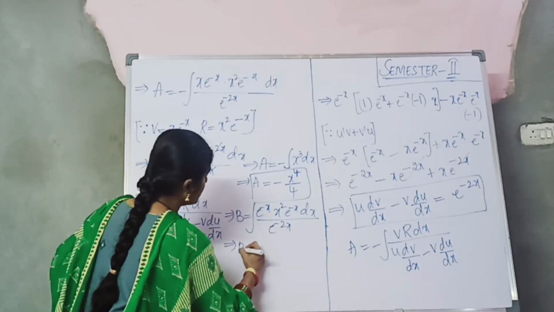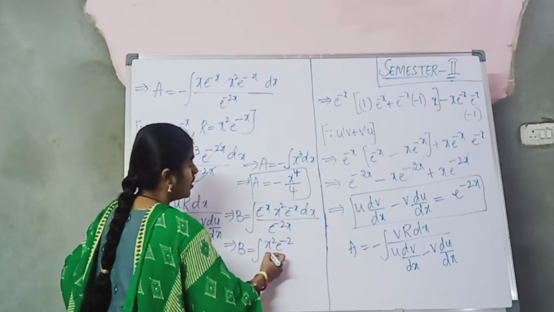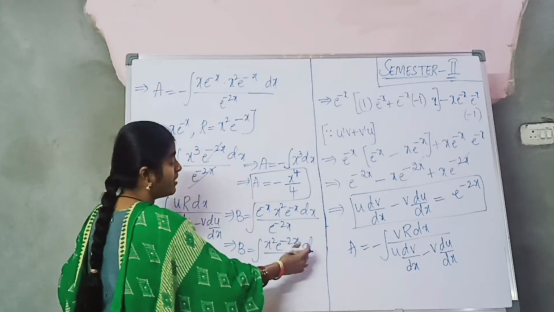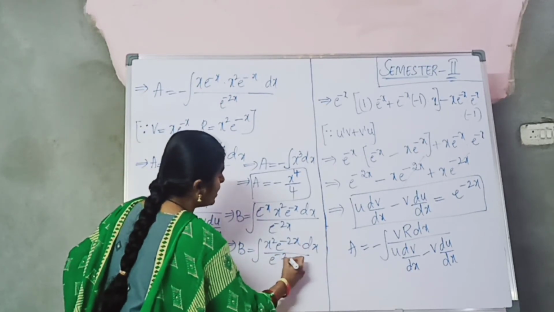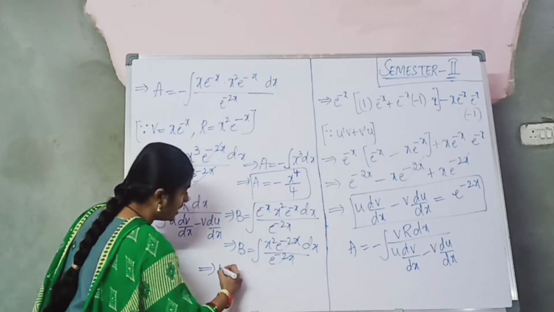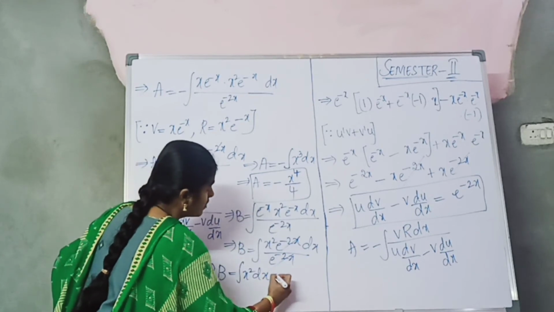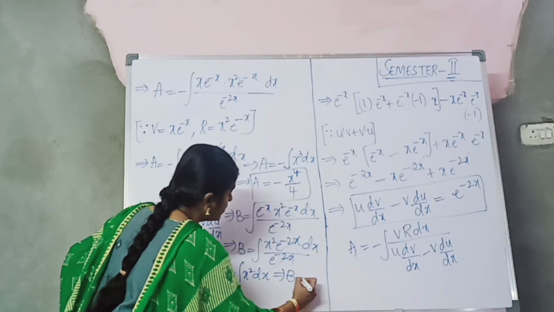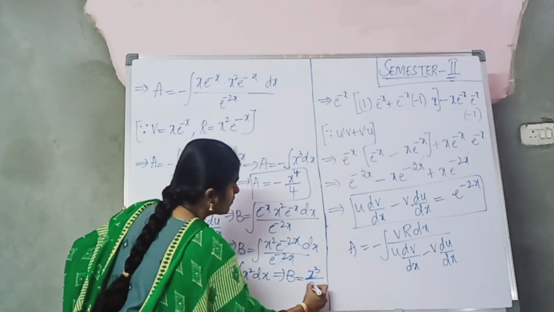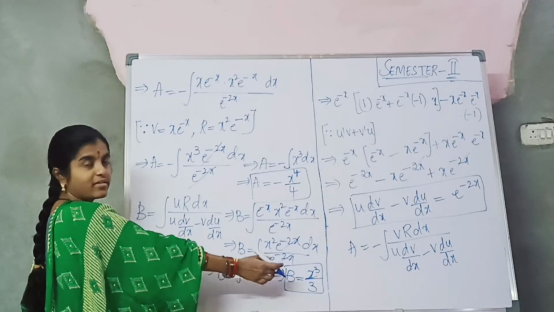Adding the powers, we get x square into e power minus 2x dx by e power minus 2x. Both cancel, so b equals integral of x square dx, which is x cube by 3.